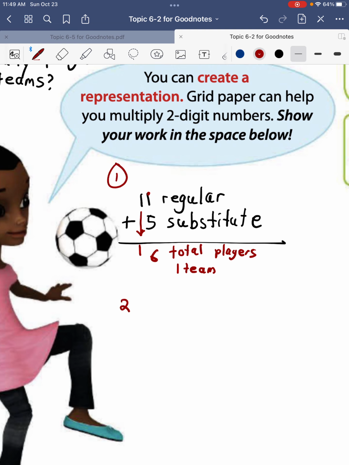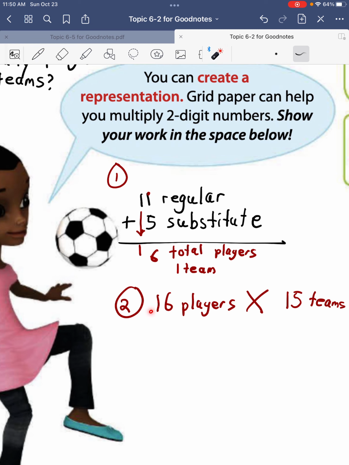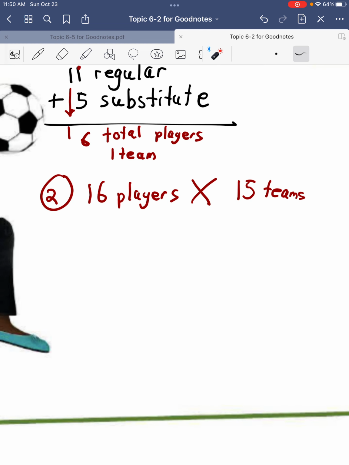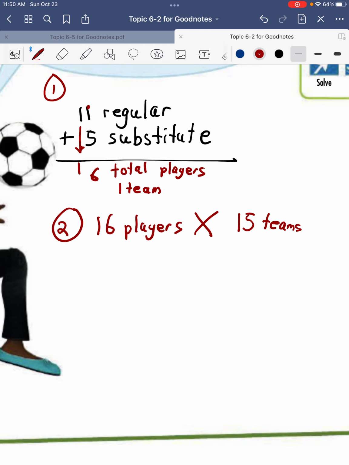My second step is I'm going to do my 16 players, because that's for one team, and I'm going to multiply that by 15 teams. Okay, if one team has 16 players, well then how many does 15 teams have? I'm going to multiply. So when we multiply, we've been using our box. I'm going to draw that right now.